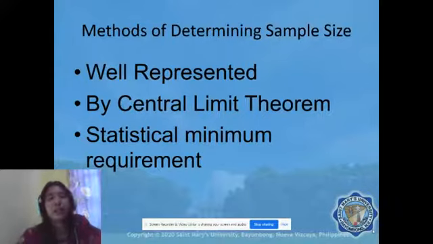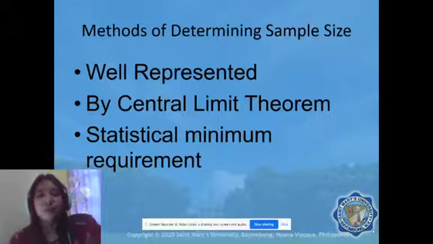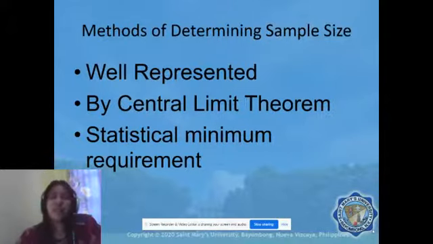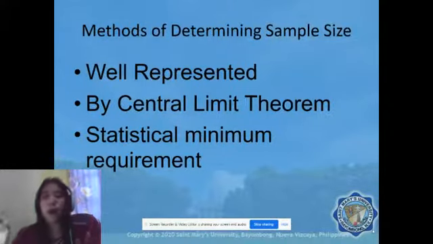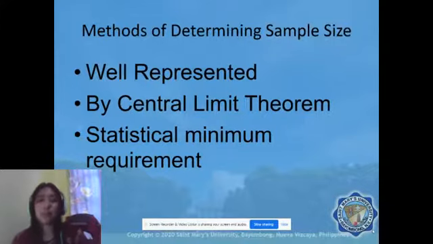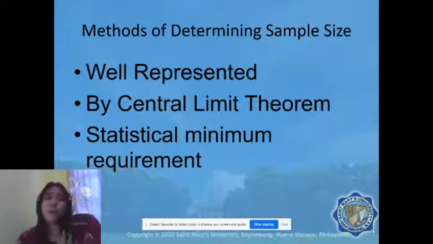The first one is you just need to make sure that your sample or the respondents are well represented, which means, if you are familiar with the number of the population, the higher the population means a higher sample size, and a lower population means a lower sample size.